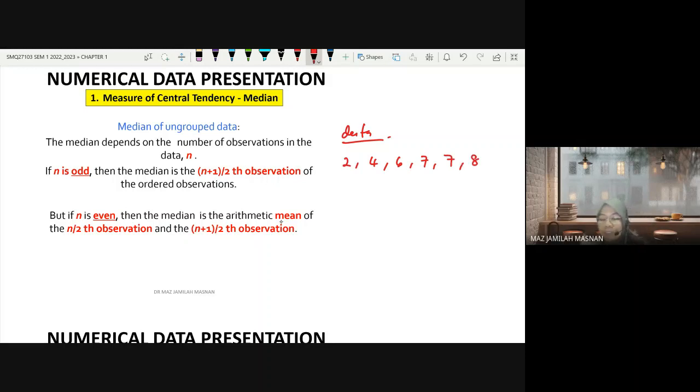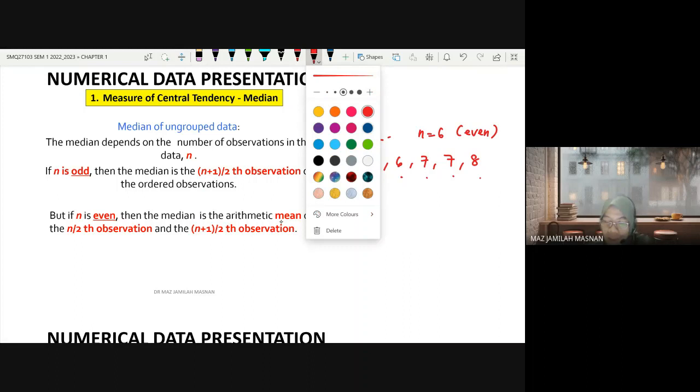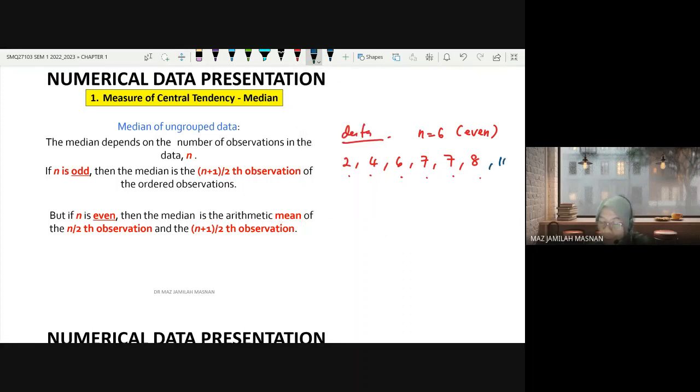How many data? 1, 2, 3, 4, 5, 6. I have n equal to 6. So this is what we call even. If I add one more, I got 10 here. So here I have n equal to 7. So this is what we call odd. So it depends on the value of your n. How many n do you have in your data set?